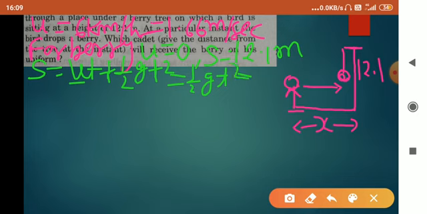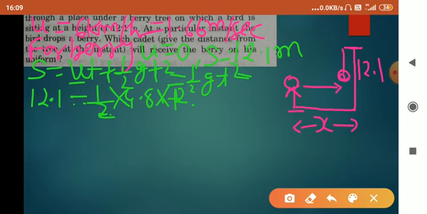Now solving this, s is 12.1 and g is 9.8, and we have to find t.